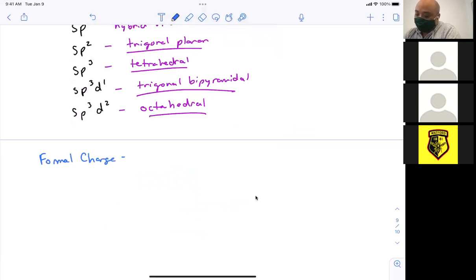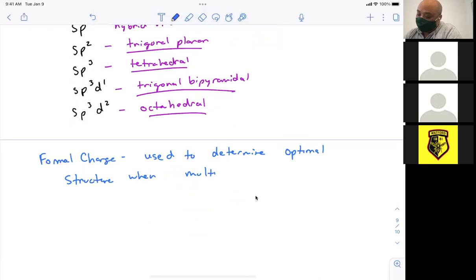Formal charge is used to determine the optimal structure when multiple possibilities exist.